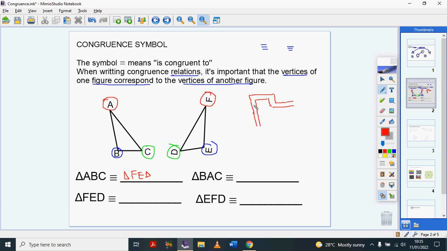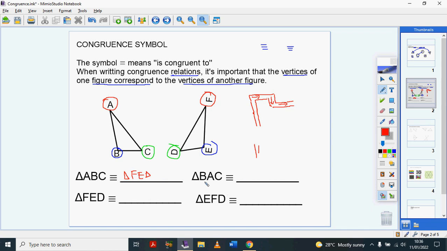Now, if someone had said, you go straight, you take one left turn, and then you take two right turns, well, that is not going to get you to where you're trying to go, because those directions have not been given in their correct, precise, exact order. So that's why it's important when you're writing congruent statements for relations between two figures that we keep the order of the vertices the same.